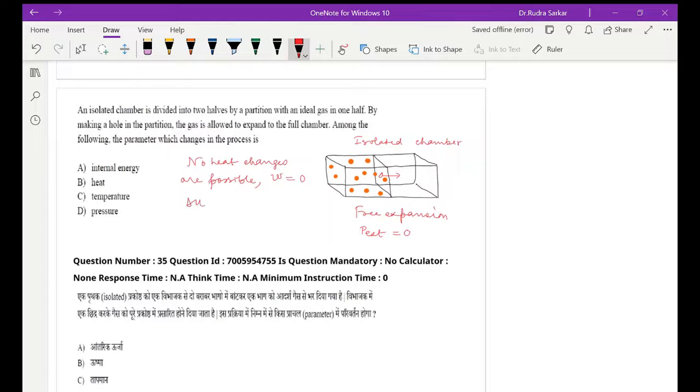So delta U, which is nCv delta T, is 0, that means it remains constant, and delta T also remains constant. So there is no change in internal energy or heat or temperature. The only thing that will change over here is the pressure, and this is the correct answer.